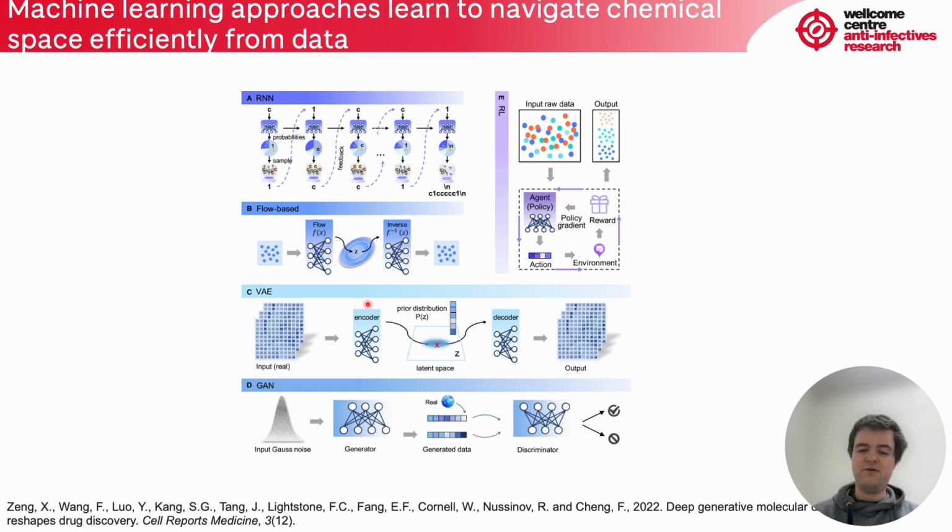Flow-based approaches and variational autoencoders take the latent space from a data-driven descriptor and then try to traverse that latent space. With generative adversarial networks, we take some noise and apply it to a generator, and then provide a discriminator to try to traverse the space.